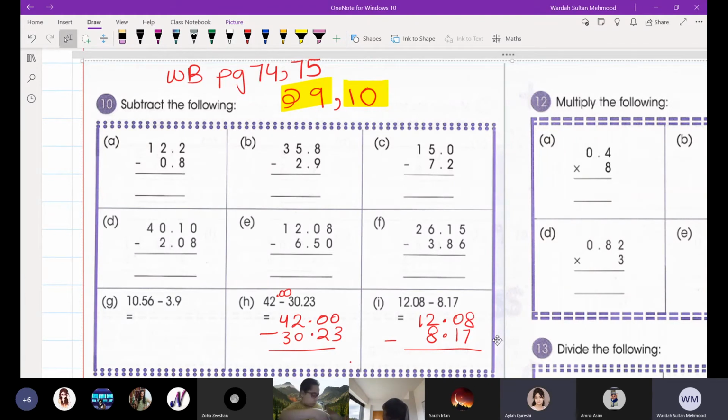Teacher, in question 9 part C, I'm all done. I was checking. Do I need to put the 0 in the end? It doesn't matter because 2 plus 0, you should see if it's making a change or not. It doesn't make any change, so it doesn't matter. Okay.